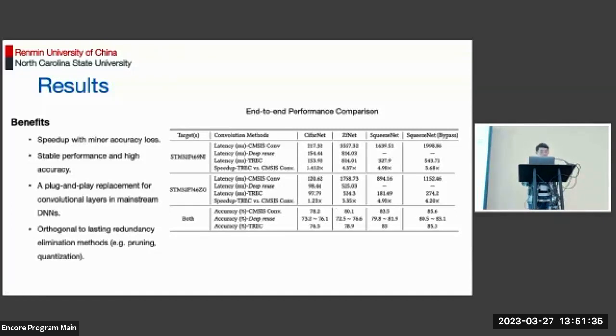Besides, it can be a plug-and-play replacement for convolutional layers in mainstream DNNs without additional effort. It is also orthogonal to lasting redundancy elimination methods such as quantization and model pruning, which are actually used in our work. All of these techniques can be combined for better results.